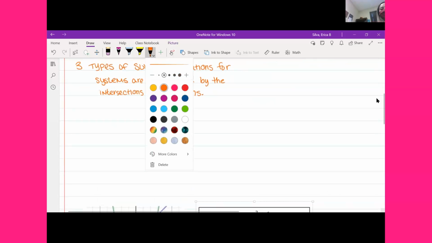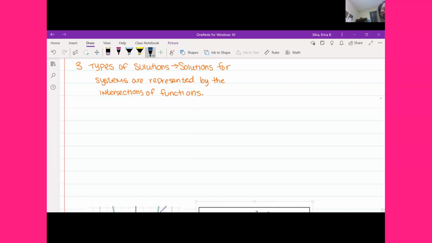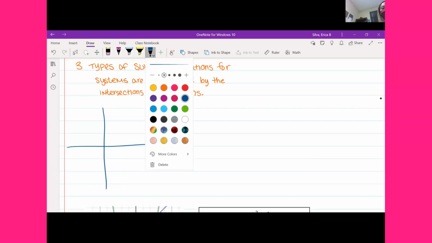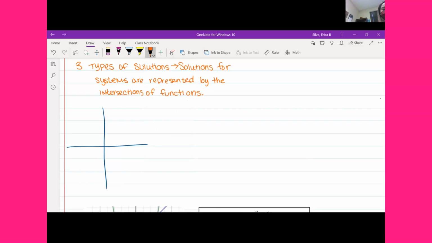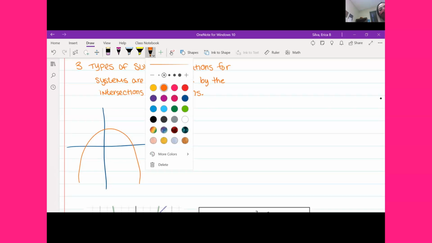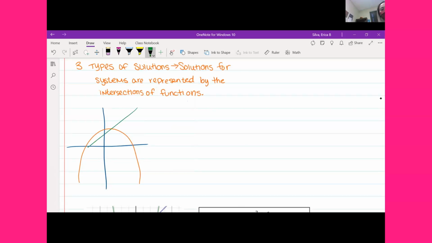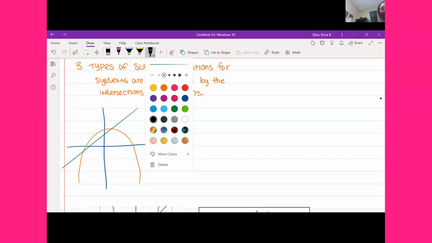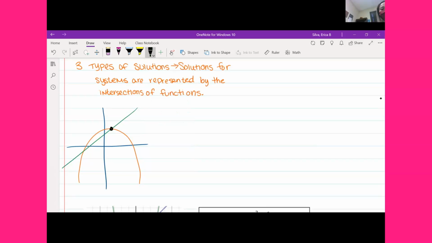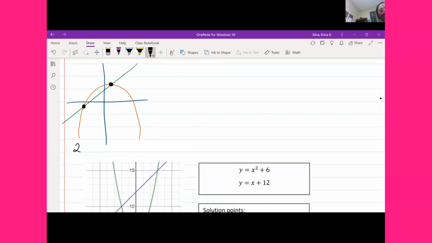So let's look at the three types. The first type is when we have a quadratic function and a linear function intersecting at 2 points. There's an intersection here and an intersection here. Because there are two intersections, that means we have two solutions.